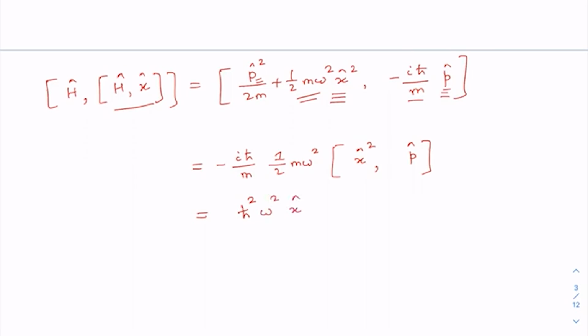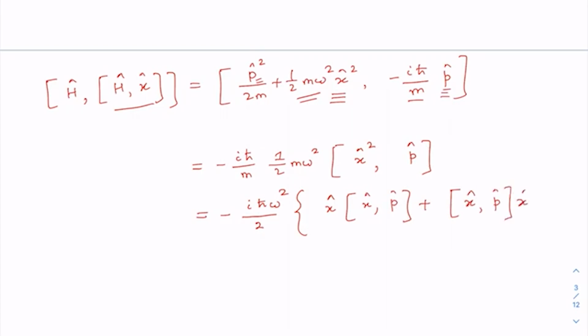Okay, I hope it's very simple, or should I do it? Let me do it quickly. So what you will have is minus iħ by 2 omega square, get cancelled. Again here I have x xp plus the commutation xp x.